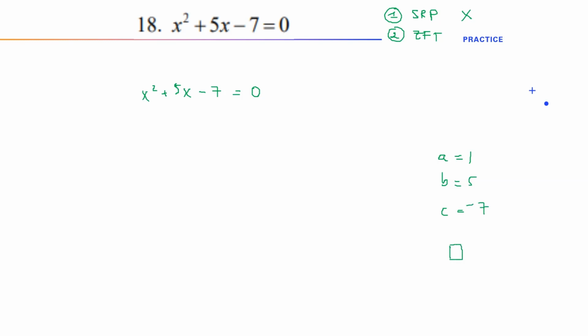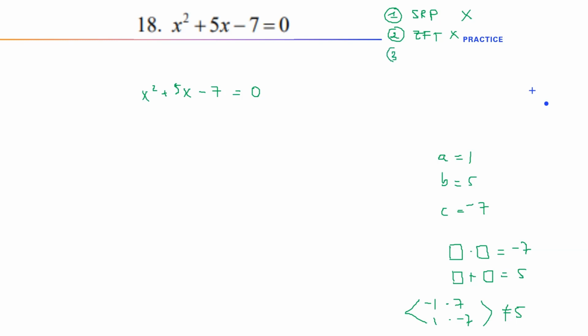So what are the two numbers that multiply to negative 7 times 1, negative 7, and add up to 5? For the negative 7, we can have the product of negative 1 and 7 or 1 and negative 7. And those two trials could not make 5. It's different from 5 when you add it up. So the zero factor doesn't work.